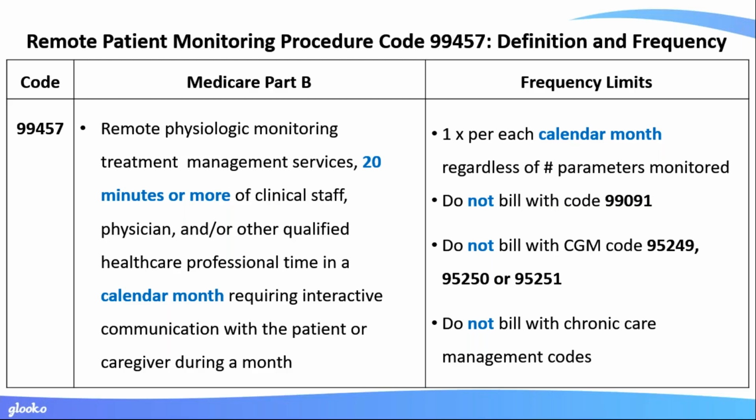Now, if Martha is already on CGM, you start her on remote monitoring for these functions, what we're talking about, this modality, this benefit. But in addition, you have her on CGM, and you want to bill with CGM codes 95249, 50, and 51. You cannot bill both at the same time for Martha because they're both remote or virtual monitoring of physiological data.